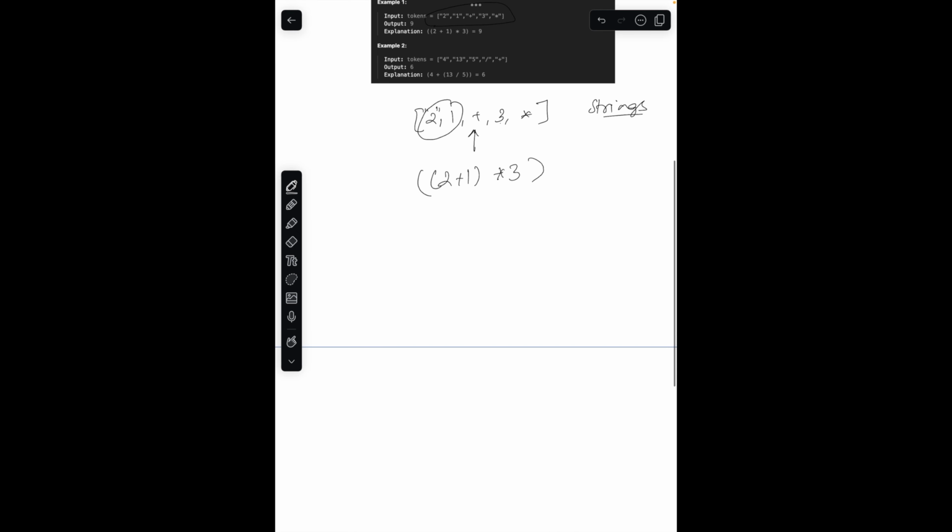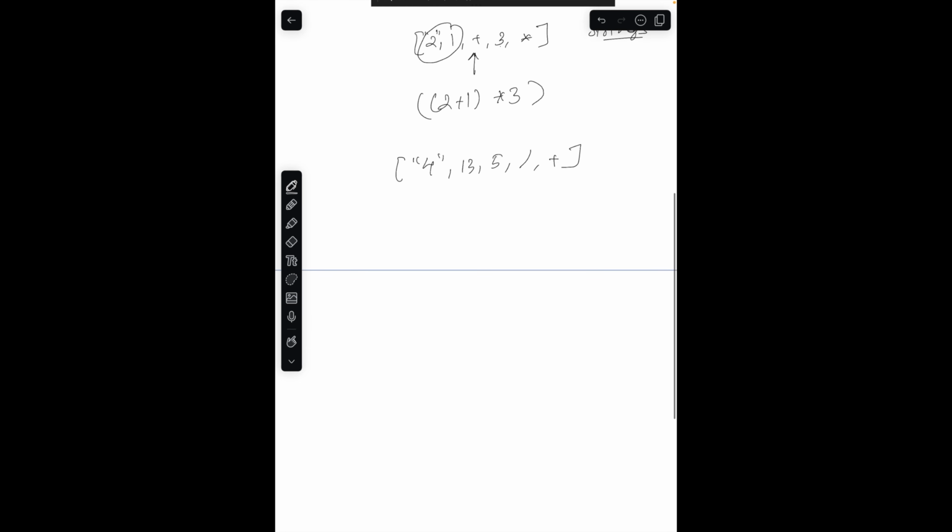So this operation should be performed from this array. Let's take another example: 4, 13, 5, divide and add. So we have one division here. We take the last two elements, we divide those, 13 by 5, and this will be one element.